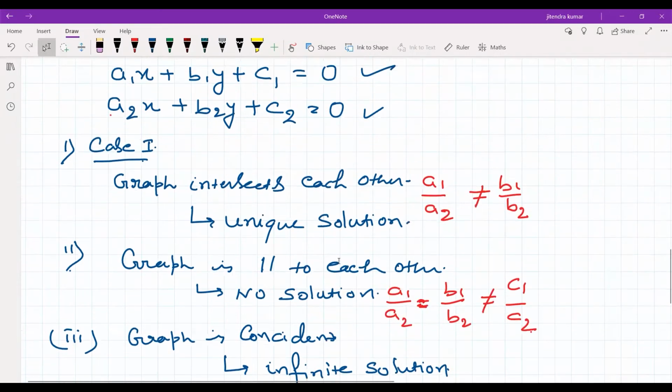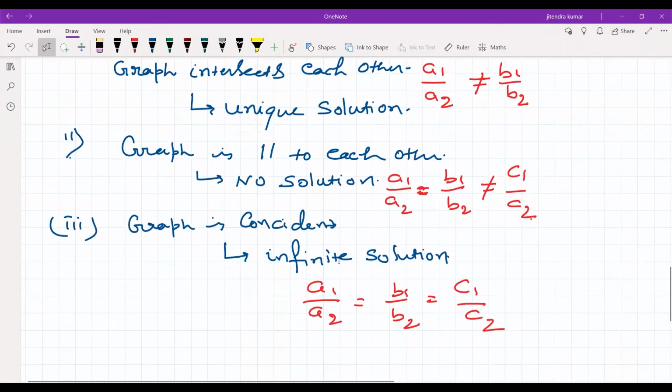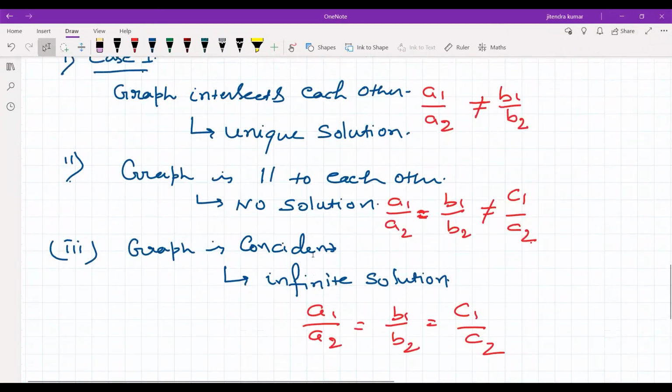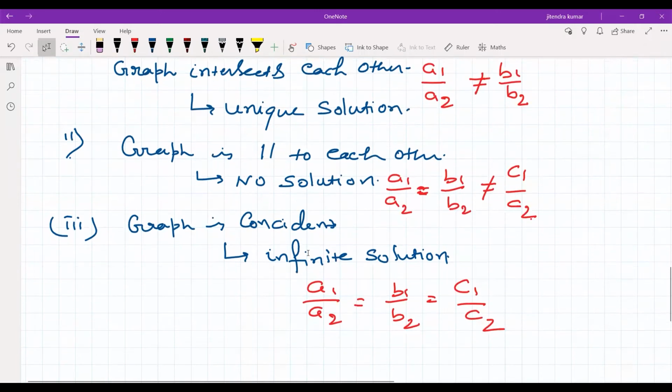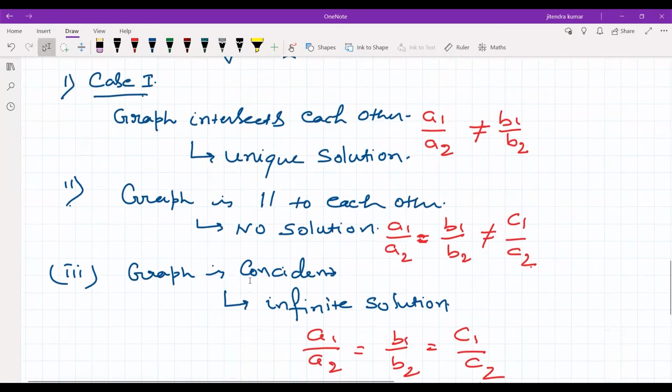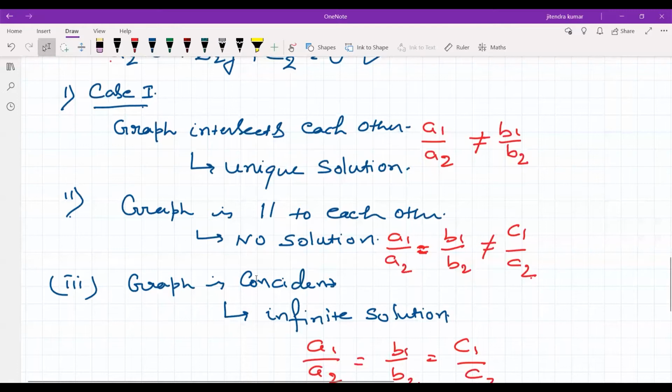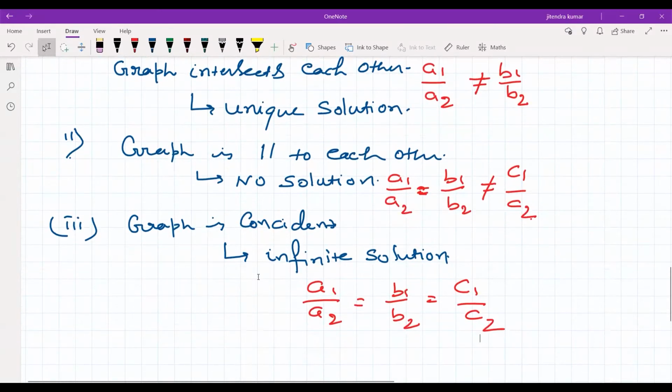Now there is a term called consistent and inconsistent solution. You can remember that case number 1 and case number 3 come under the consistent solution. We say the linear equations are consistent in those cases, and in the second case, where they have no solution, we say it is inconsistent.